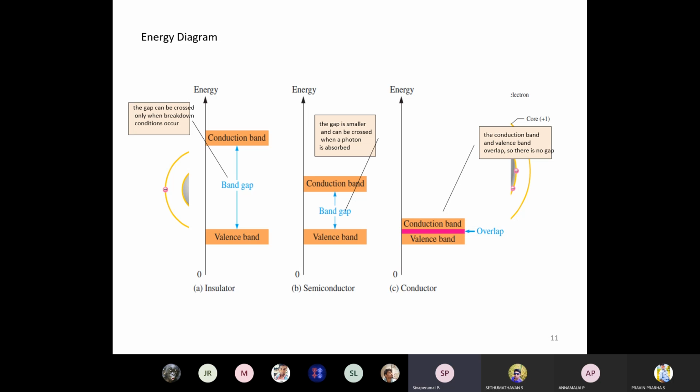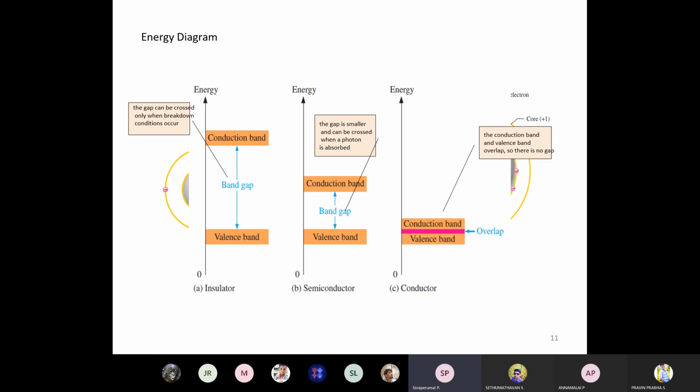The energy diagram: based on the material, we can differentiate that each energy level should vary. For an insulator, the energy gap is high between the valence band and the conduction band. In the case of a semiconductor, there is a somewhat smaller energy gap between the conduction band and the valence band.